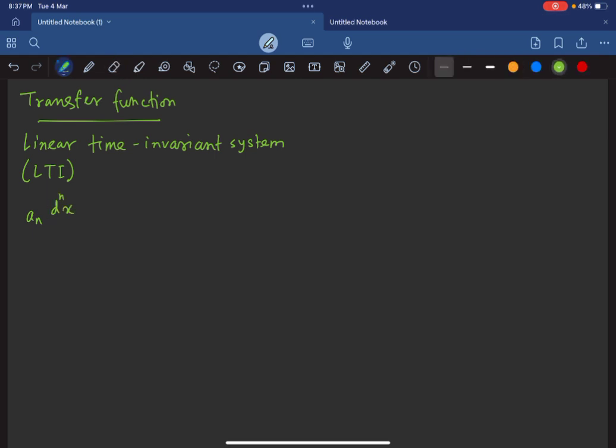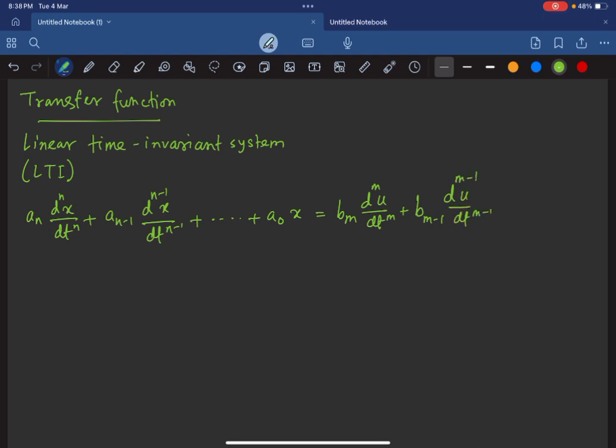a_n d^n x/dt^n plus a_{n-1} d^{n-1} x/dt^{n-1} plus so on, a_0 x, that is equal to b_m d^m u/dt^m plus b_{m-1} d^{m-1} u/dt^{m-1} plus so on up to b_0 u.